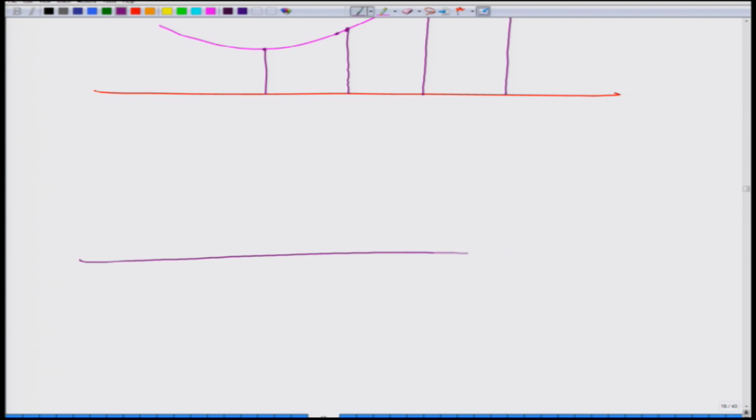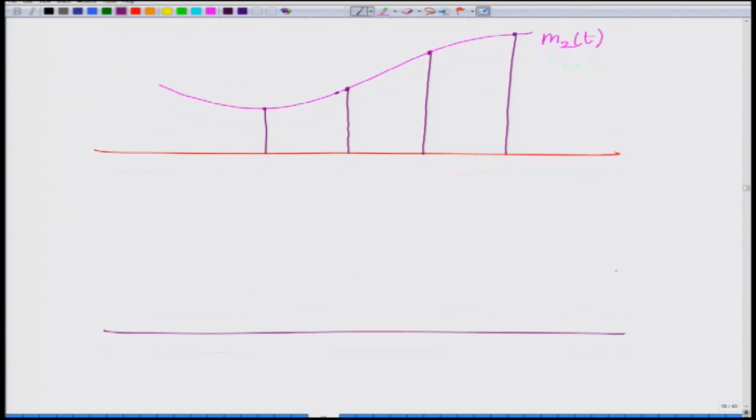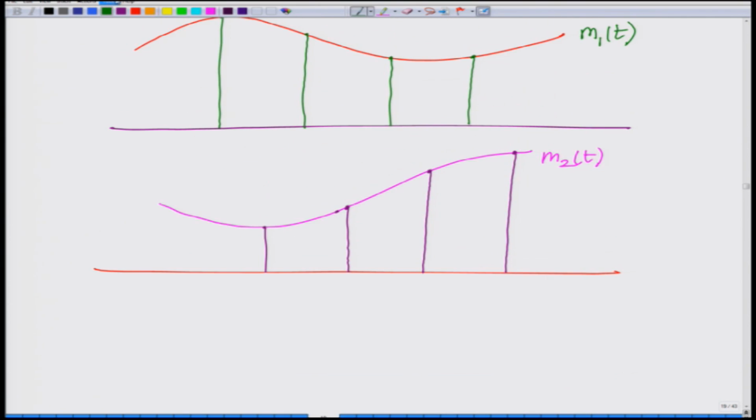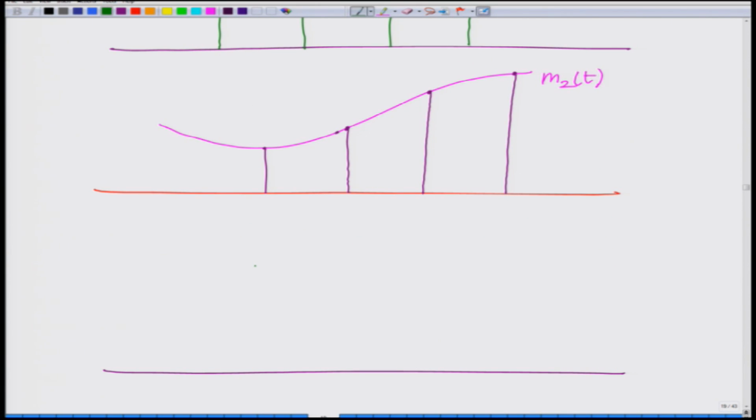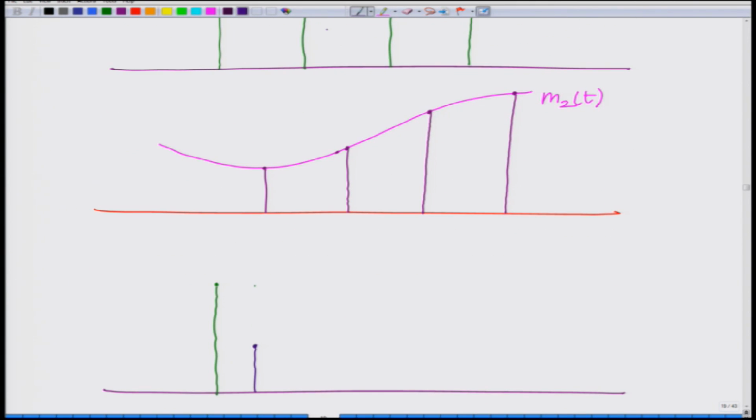What we are going to have is the first sample of M1T followed by the sample of M2T, then another sample of M1T, followed by another sample of M2T, and this will proceed so on and so forth.